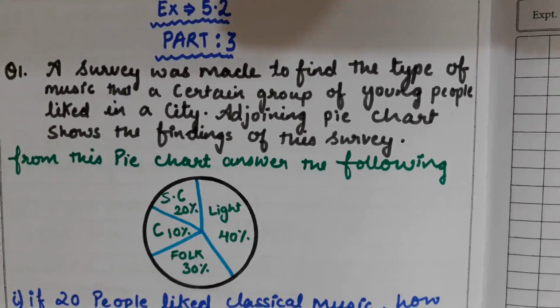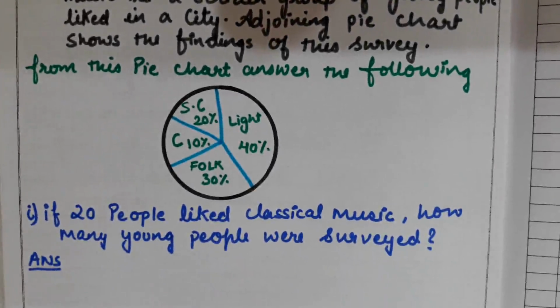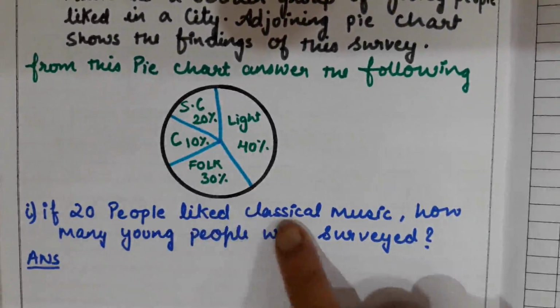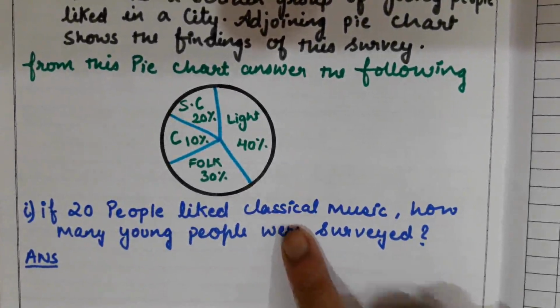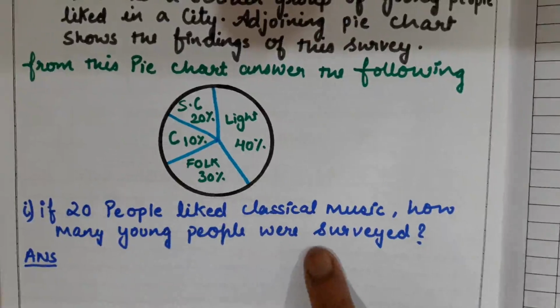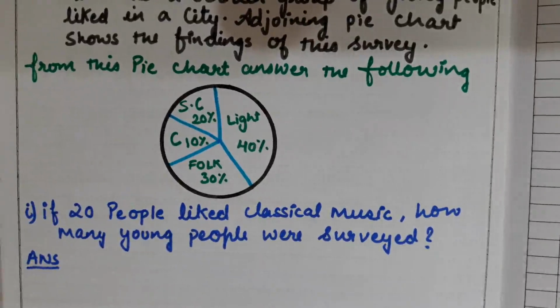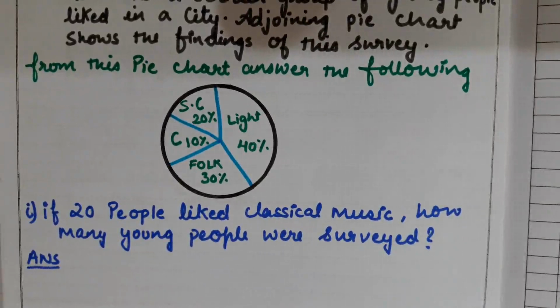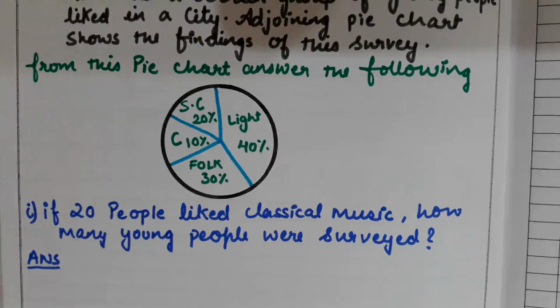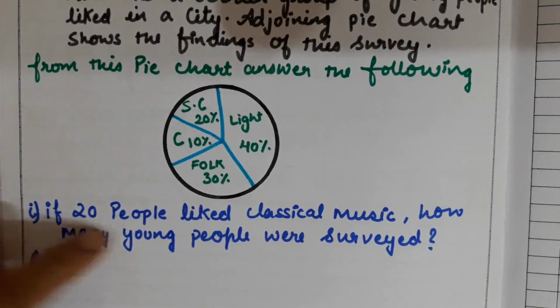The first question is: if 20 people like classical music, how many young people were surveyed? In this survey, we have to find the total number of people who participated. Out of that total, 20 people liked classical music.